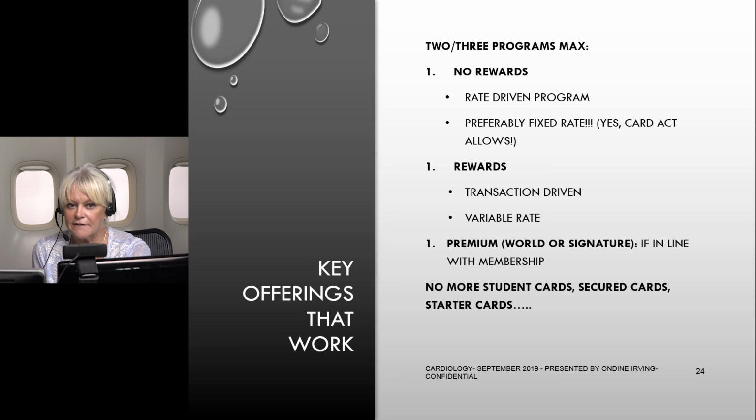Remember when I said the average line is less than 5,000? How many of you are still offering credit cards with $500 limits, or you're doing secured cards with $500 limits? When you get my spreadsheet and you see those secured programs and those college programs, they're losing money. And I know when I worked at Baxter back in the 90s, when I was running their card programs, we gave $500 back then.